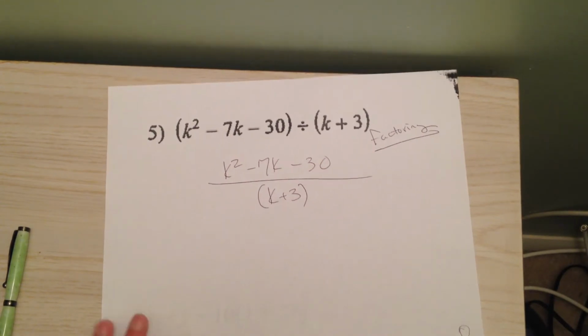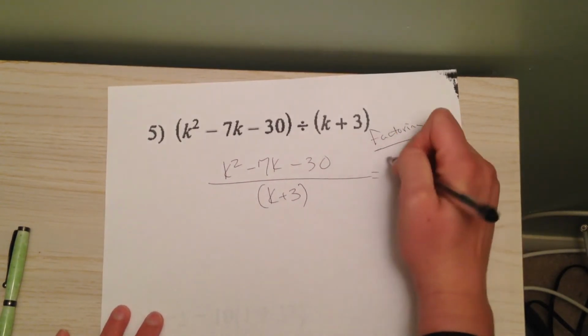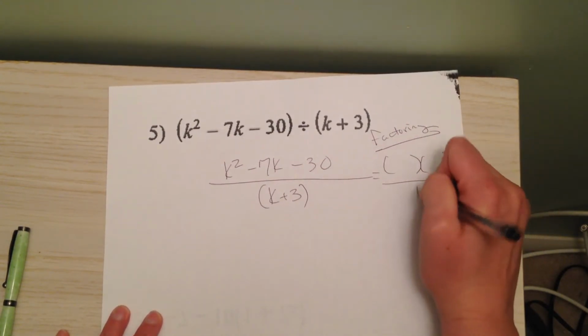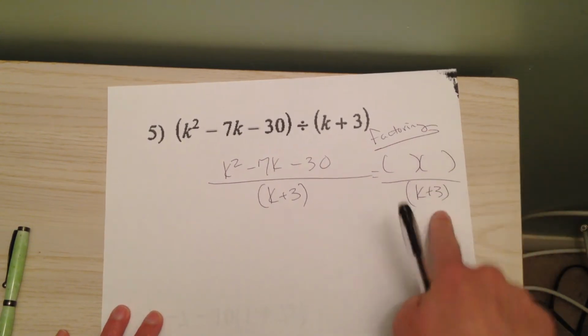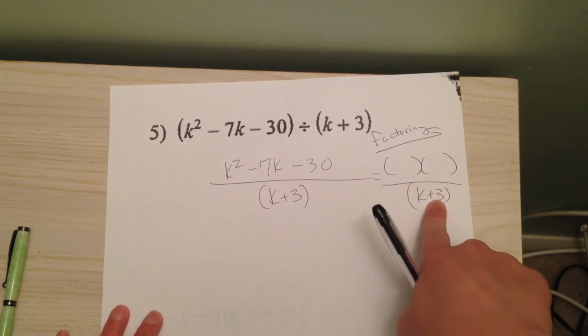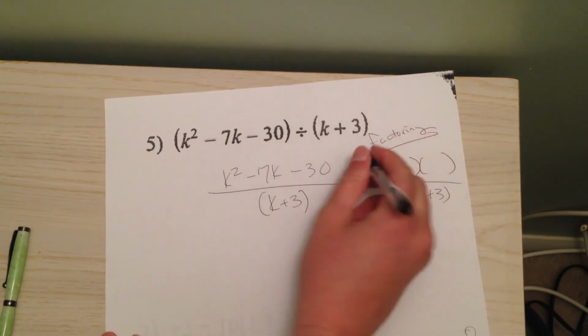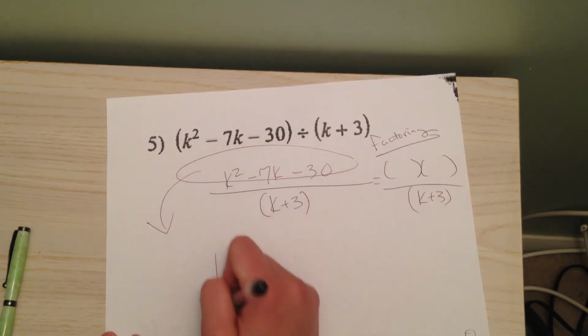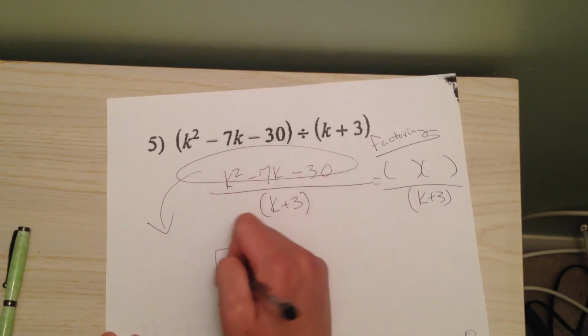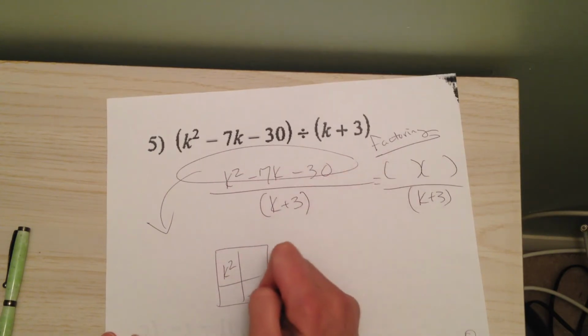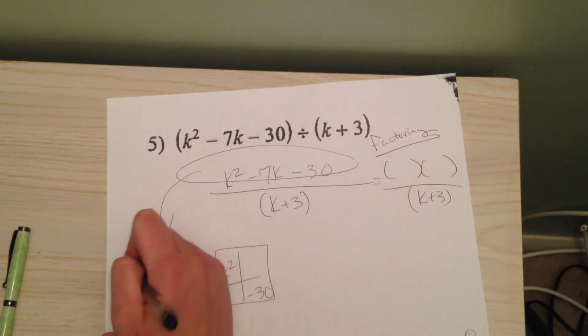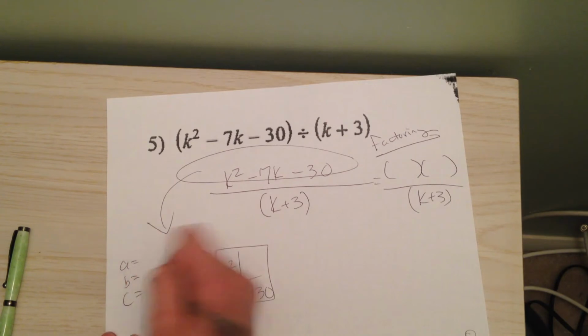So what you have to do is give me 2 factors and divide by that k plus 3, and one of these factors will cancel with that one. So let's go ahead and factor just the top right there. So off to the side, I know my first term goes in my first blank. My last term goes in my last blank, and it's that middle term that I need to split up. So let's look at A, B, and C here.